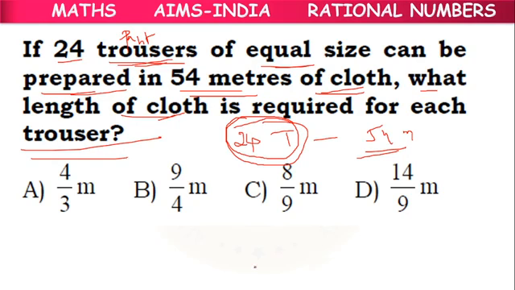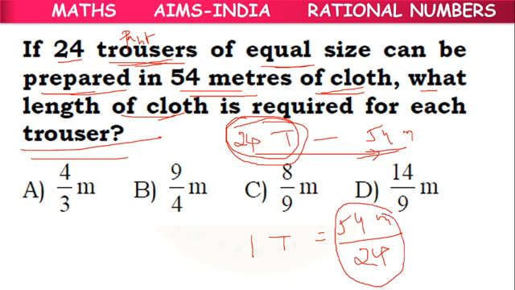So the cloth required for one trouser equals 54 meters by this 24, which will come downside. It will become the denominator. But this is not in simplest form. There is a possibility of cancellation.